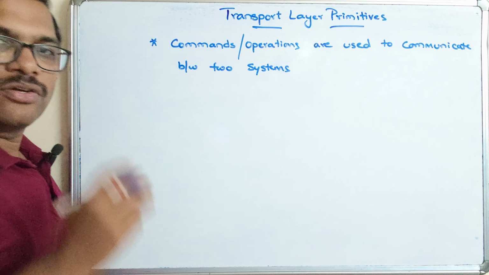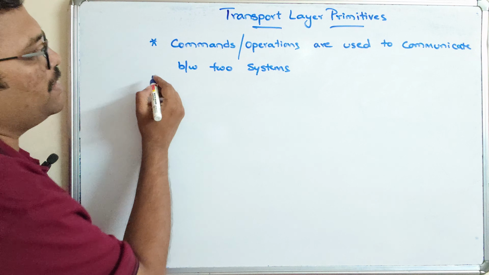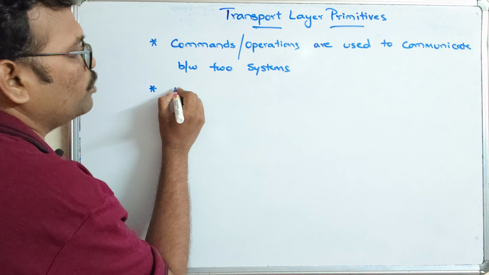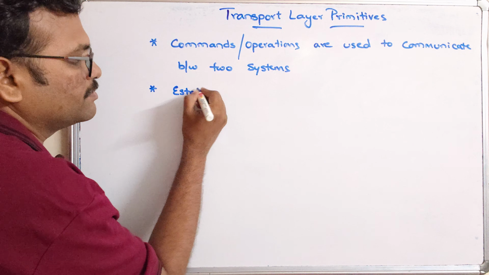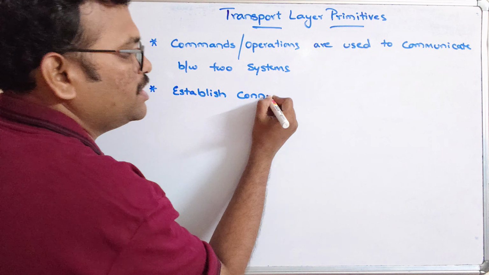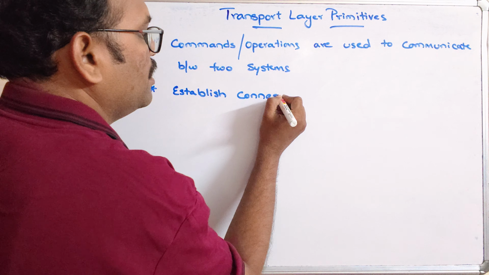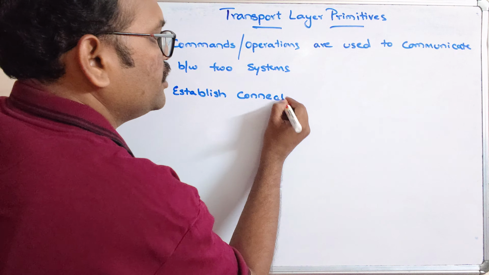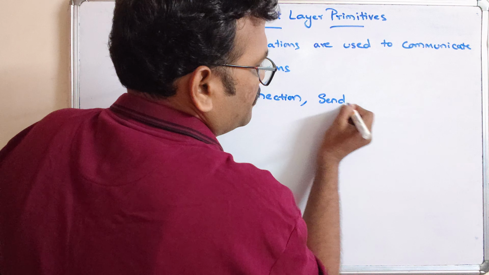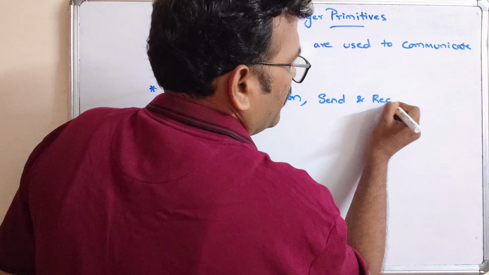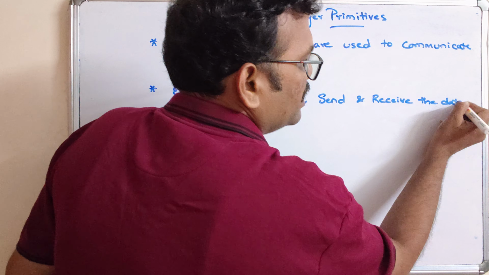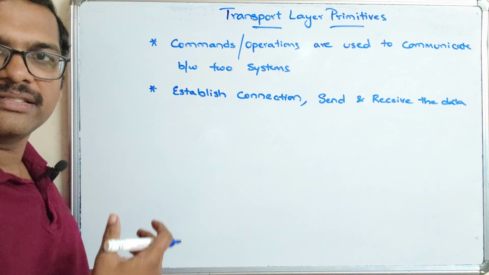Mainly these commands or operations are used to establish the connection. So first a connection will be established, then sending and receiving the data. So this is done in between two different systems.